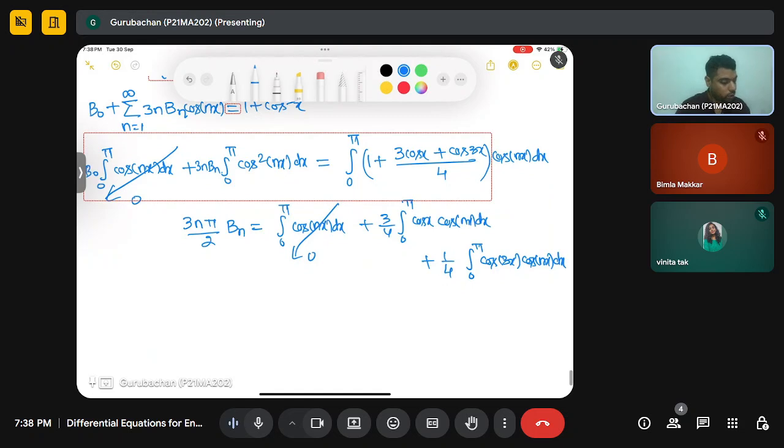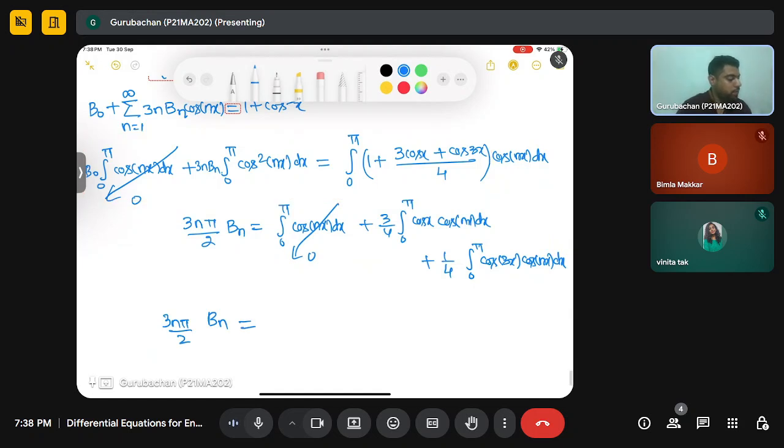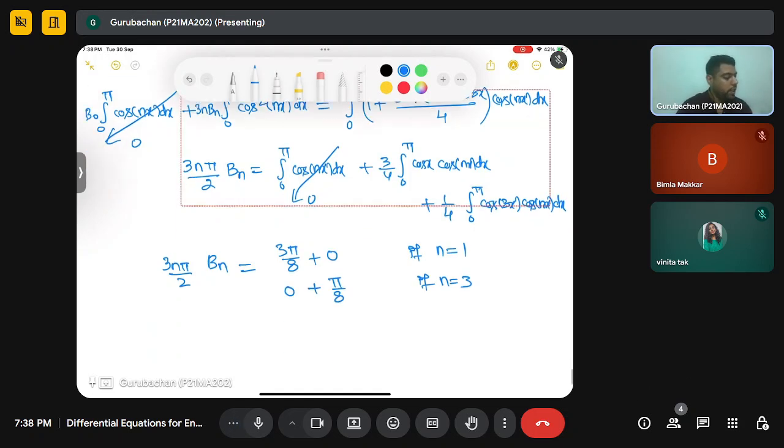So by the orthogonal property, from here you will get 3n pi by 2 bn is equal to, when n equals 1, this quantity will give you pi by 2 value. So this will become 3 pi by 8 plus 0. When n equals 3, this quantity will become 0, this will be pi by 8, and otherwise this will be 0.